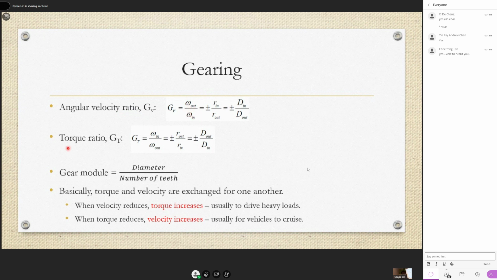Then torque. I have to write out the formula first for you all to understand better. You all know that for the same amount of power transmitted, the angular velocity and the torque will go opposite from each other. Remember the formula for power?